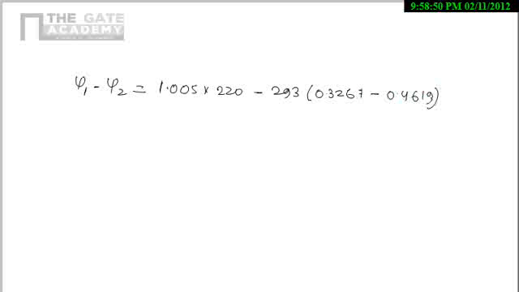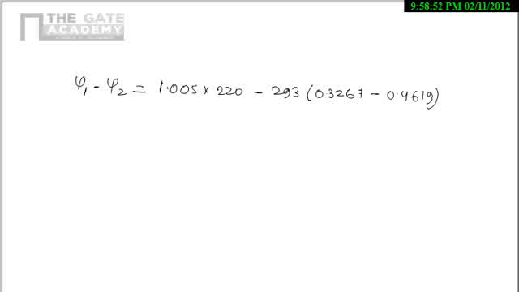Now if we put these values and calculate, then the change in availability psi1 minus psi2 will be 1.005 into 220 minus 293.3267 minus 0.4619.